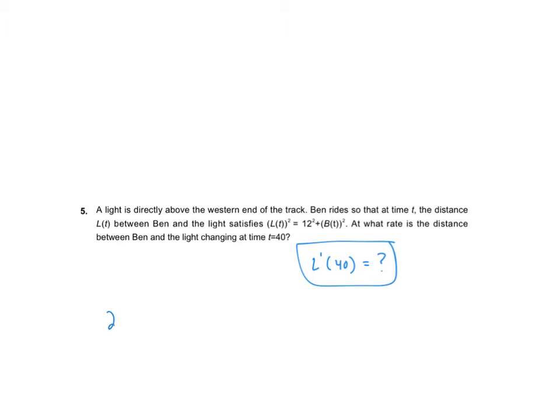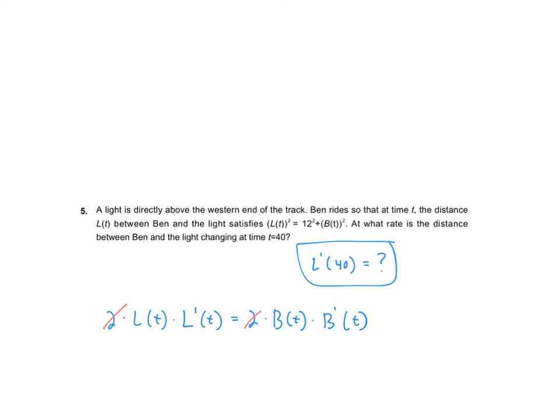Okay, so if we take the derivative, we get 2 times L of t times L prime of t. The derivative of 12 squared is 0, and then 2 times B of t times B prime of t.